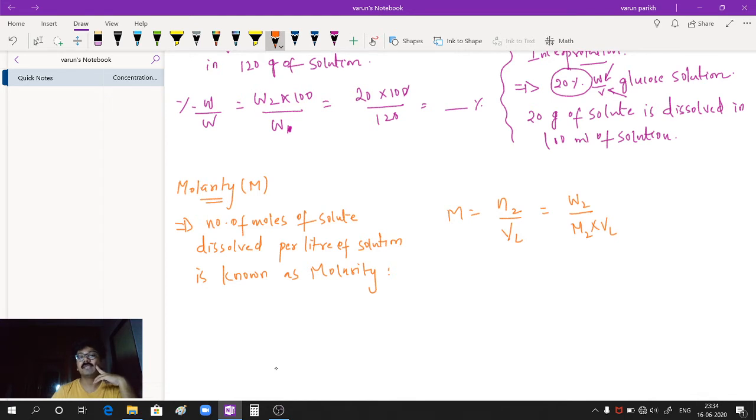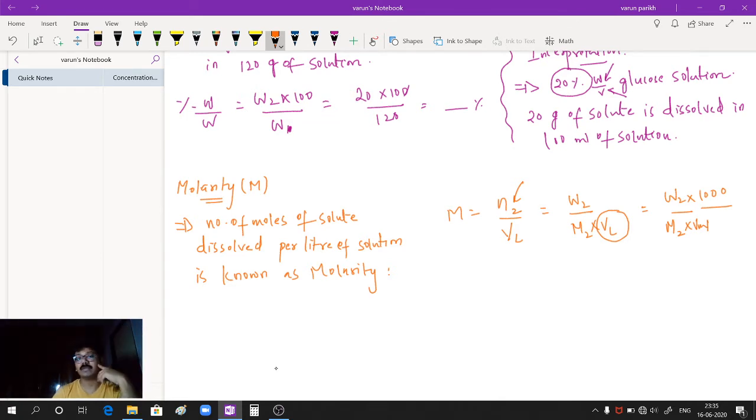Now, something present per ml, when multiplied by 1000, becomes the quantity present per liter. So I have to convert this V liter to V ml and multiply the whole by 1000.